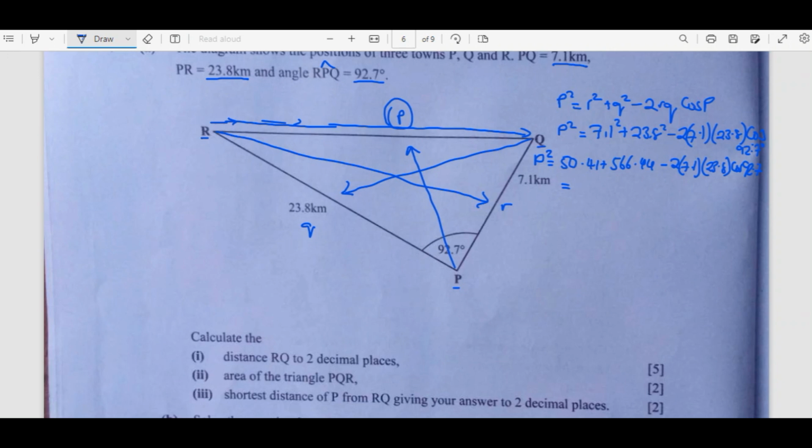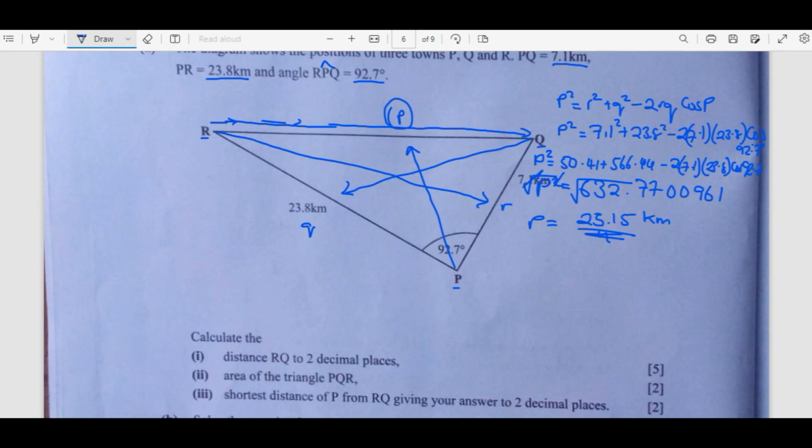We're going to have 632.7700961. Then for P squared, we introduce a square root on both sides. The square root of this gives us 25.15, and then we include the units, so that is the answer for 5 marks.